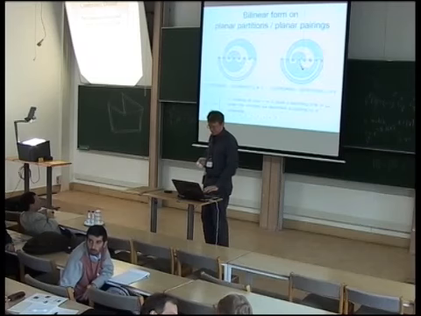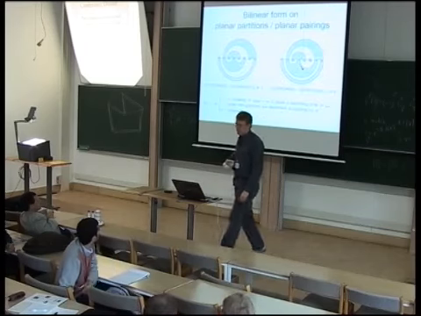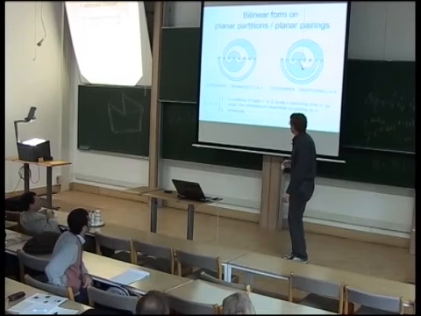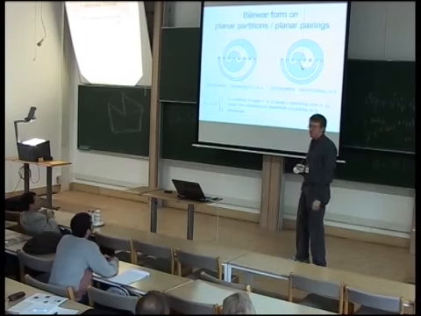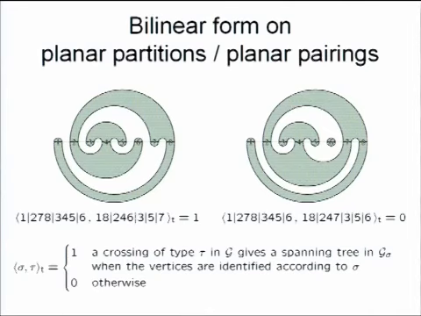Okay. So going back to this bilinear form, in the special case when we divide by q and send q to 0, there's an alternative combinatorial characterization of this bilinear form.